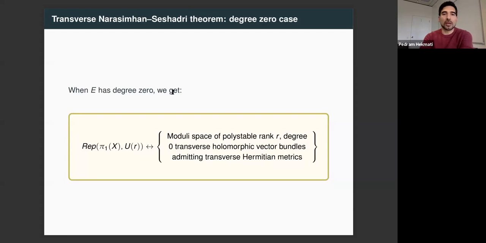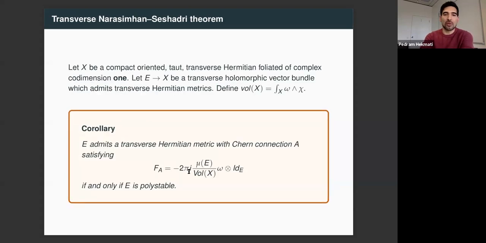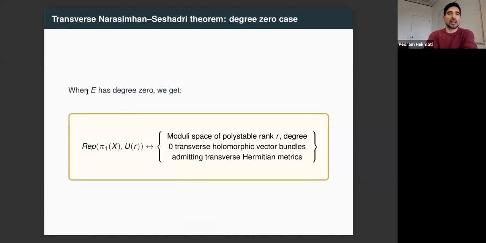And in particular, if your bundle has degree 0, so that the connection is flat, then you get this very nice interpretation of the character varieties for your manifold, and of course, the manifold X is in any dimension.